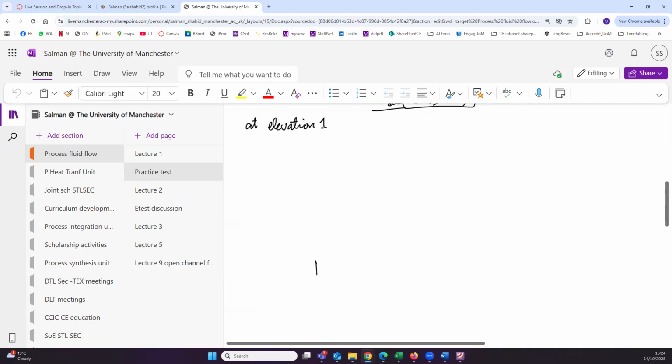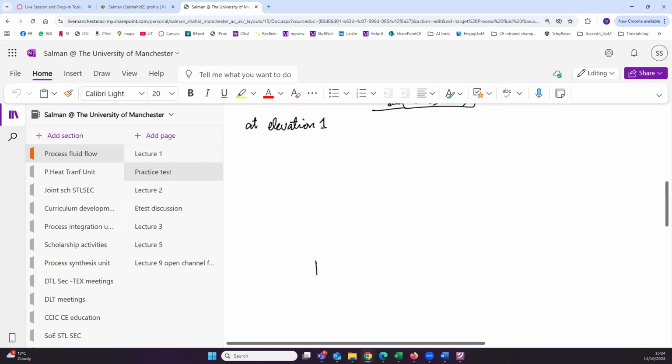So let's say they are saying that there are two containers, and I'll draw it just to explain. So let's say you have this much wider one and this much thinner one. This is 8 centimeter, and this is also 8 centimeter.